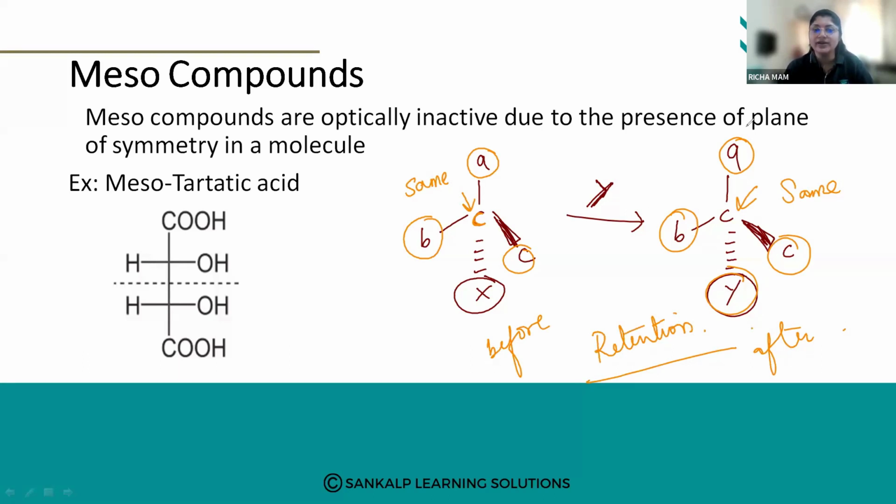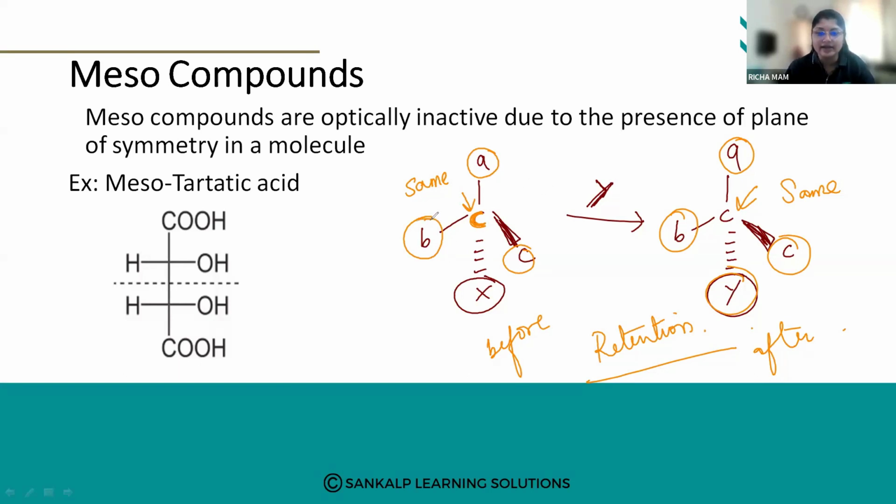In general, in retention of configuration, no bond is broken at the stereo center. So the product obtained will have the same configuration as the reactant.